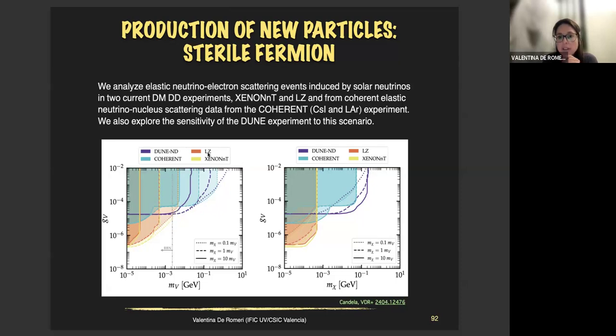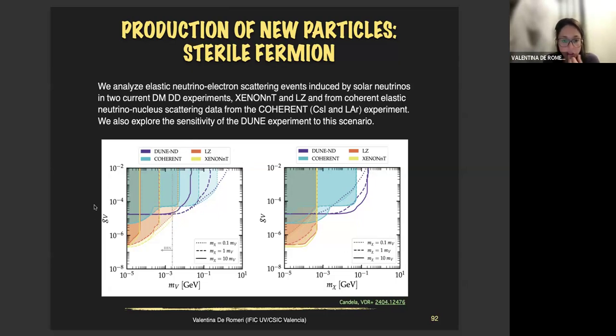In this case, we consider the neutrino-electron signature. And we also computed sensitivities for the DUNE near detector, that could also be sensitive to this upscattering.